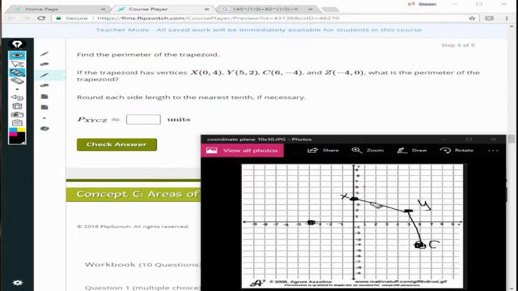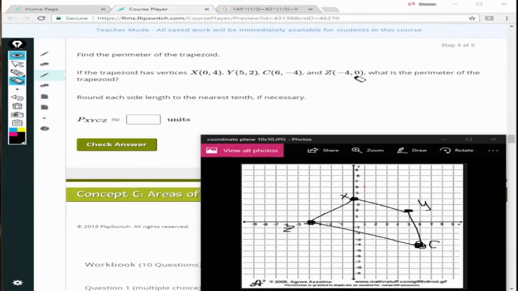There we go. Okay, I do have a pair of parallel lines, these two, XY and CZ. So if it doesn't look right to you, double check and make sure you are plotting them correctly, because you could have just swapped them like I did.